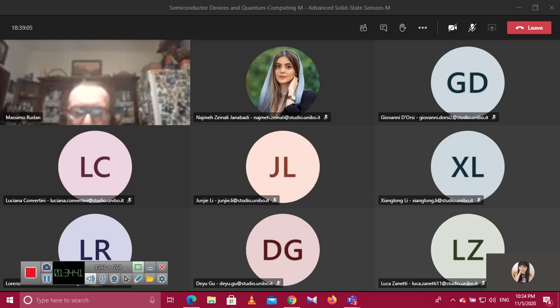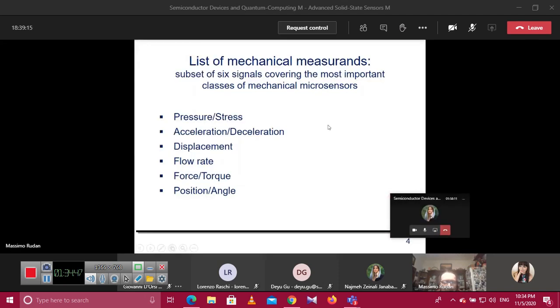Okay, these are the possible applications of solid-state mechanical microsensors. We may measure pressure, stress, acceleration, deceleration, displacement, flow rate, force, torque, position, and angle, many things.